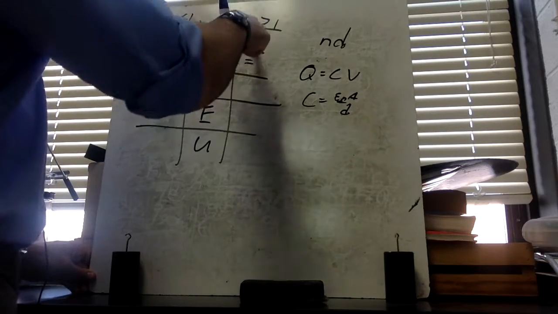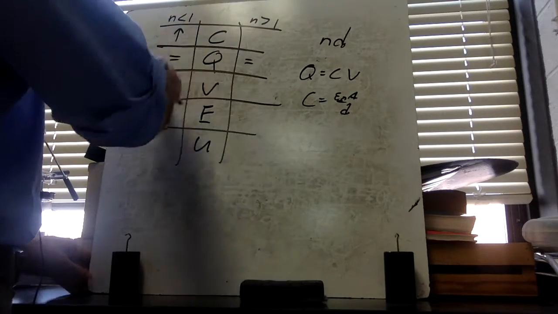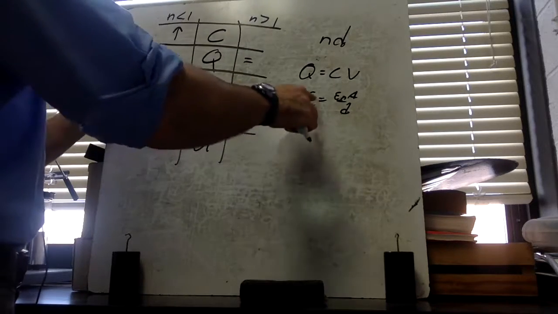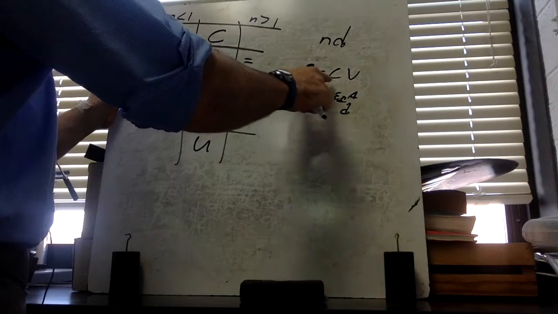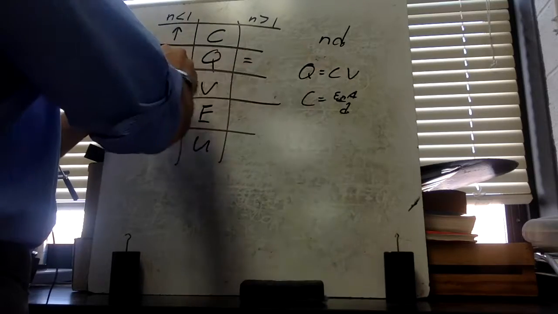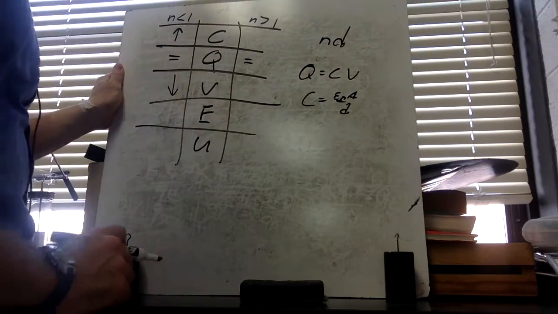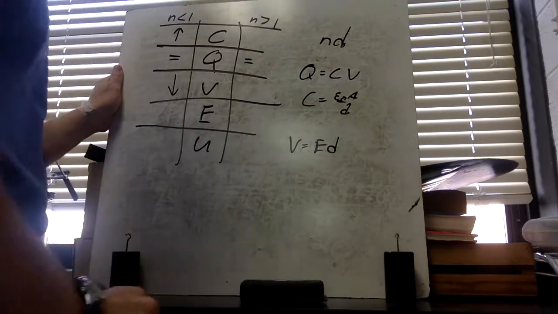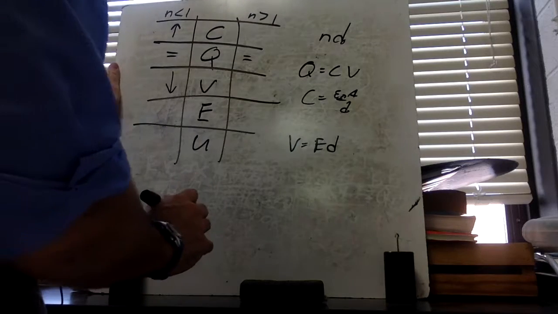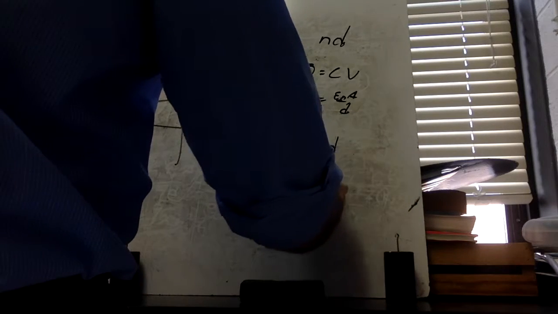So that's what happens there. And let's just deal with this one for now down here. So if C gets bigger, Q has to stay the same. So if C gets bigger, that means V gets smaller. Right? And the electric field, V is ED, right? So E is V over D.